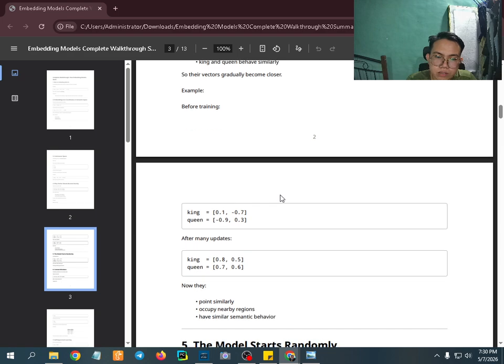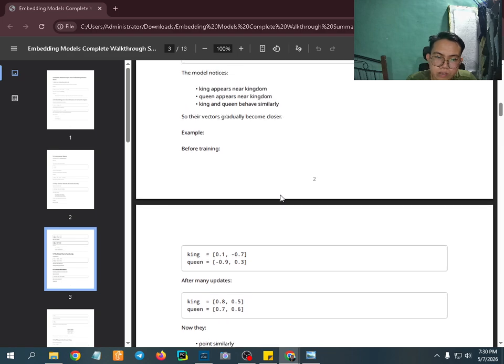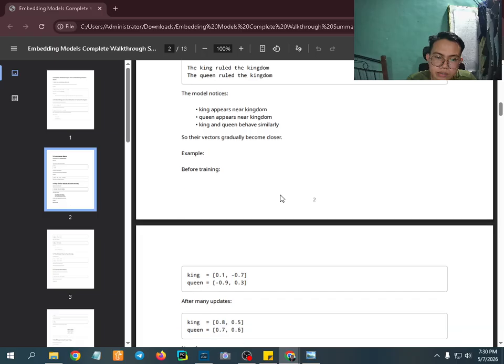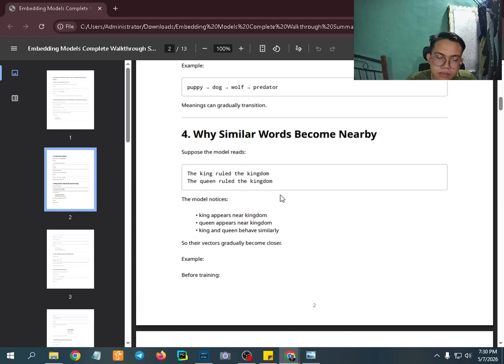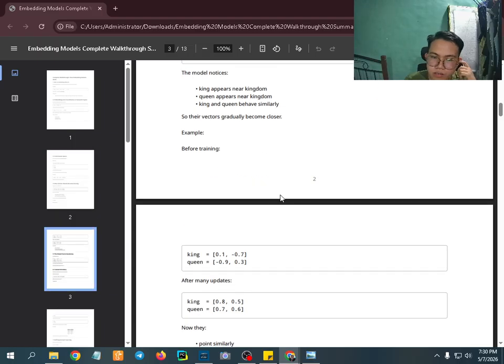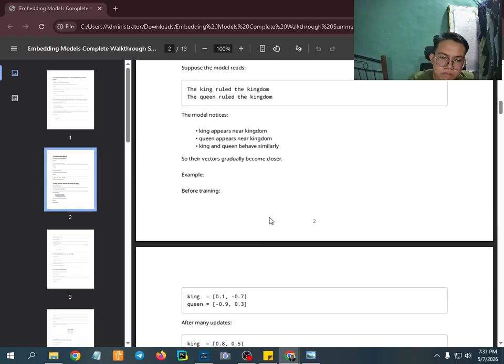So what the model does is keep updating until the prediction is correct. For example, if you are trying to predict "king" and we expect the values of "queen", it will update again and again until we have less error.